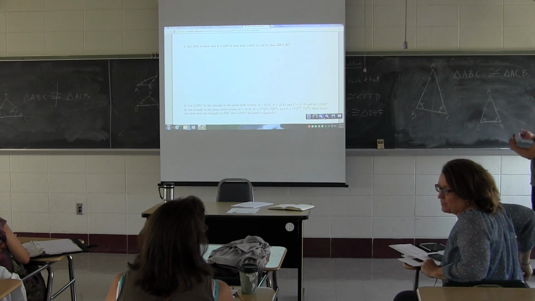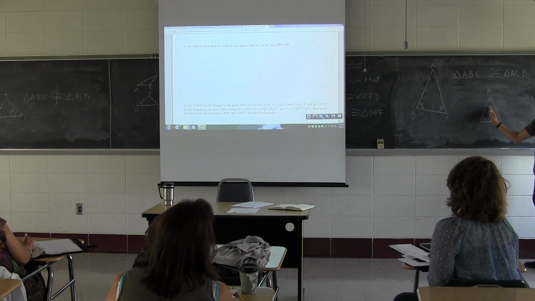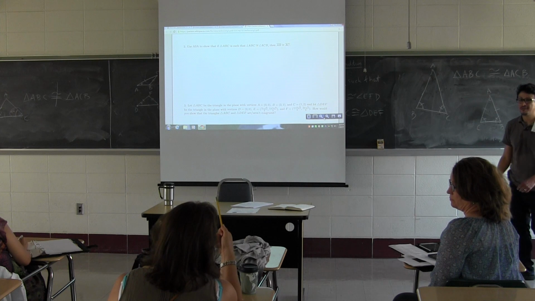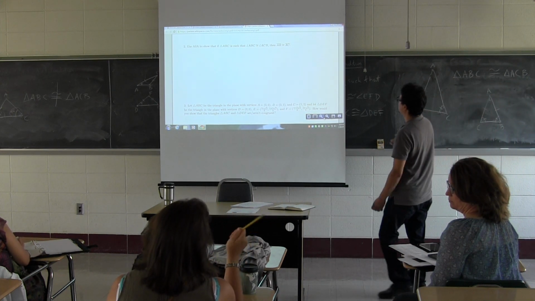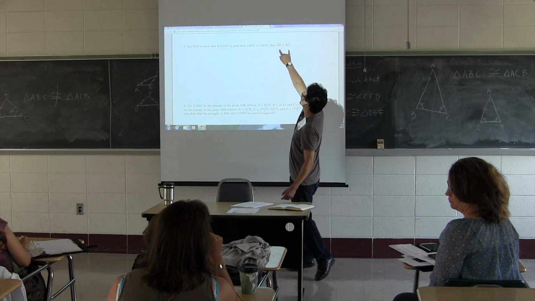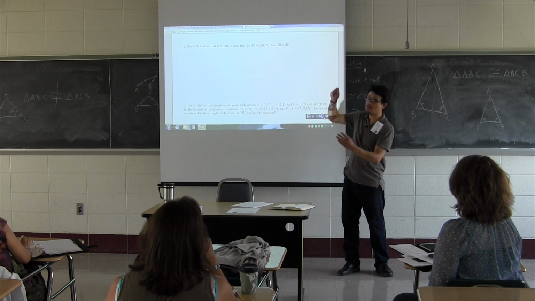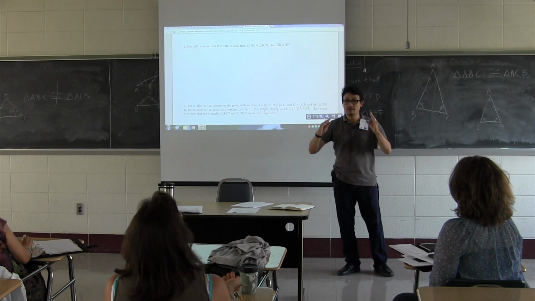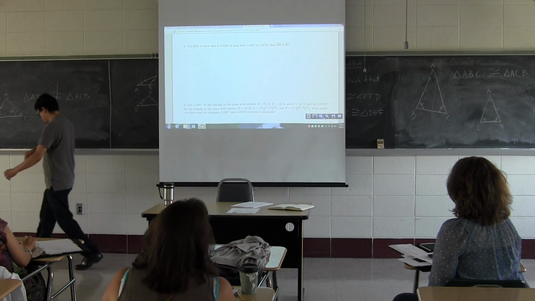So by angle side angle, this triangle is congruent to this triangle. But this time, you're telling us ahead of time that the angles are congruent. We're not proving that the angles are congruent, we're proving that the sides are congruent. So now it's the opposite. In the previous one, we knew the sides were congruent. So we're doing the reciprocal.